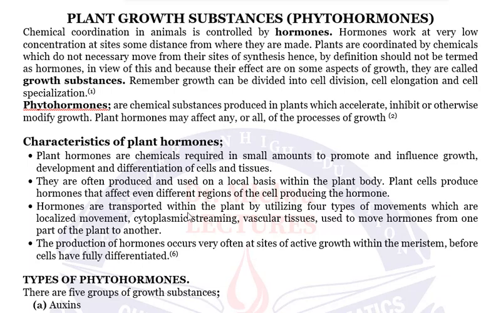And then the last characteristic: the production of hormones occurs very often at sites of active growth within the meristem. So most of the phytohormones which we discuss are produced at the active sites of growth, which are meristematic tissues. This is because these substances called phytohormones are sometimes called plant growth substances.